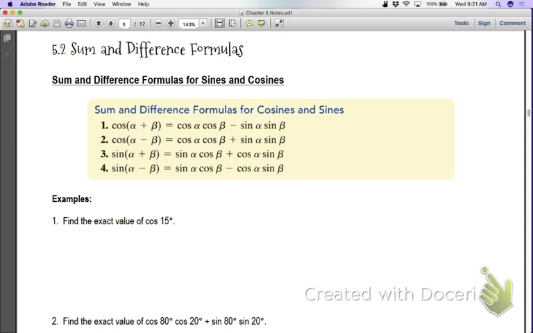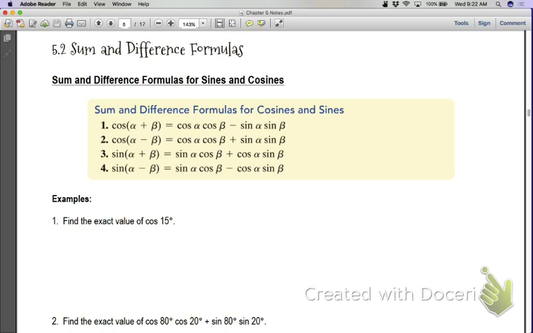So whenever you have cosine of each angle, your alpha and your beta, or your x and your y angle, whatever you want to call it, those are going to go together. Your two sine values are going to go together, but your sign is opposite.